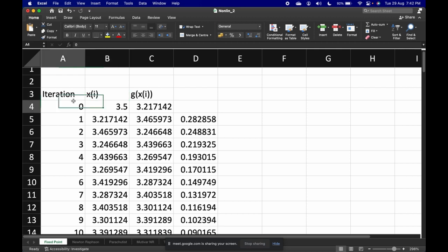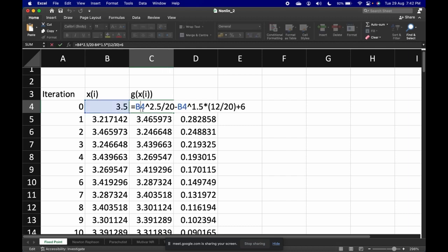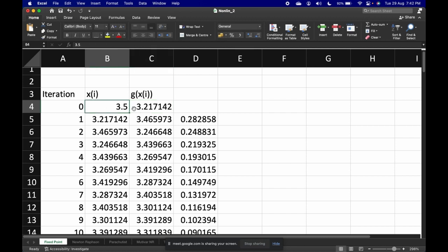Okay, let's go ahead. It's visible to a few of you, so let's go ahead. So here I have considered this x0 that we got from the study where we determined the interval in which the solution should lie. From there, I put in the equation, considered the function, and we got the value.